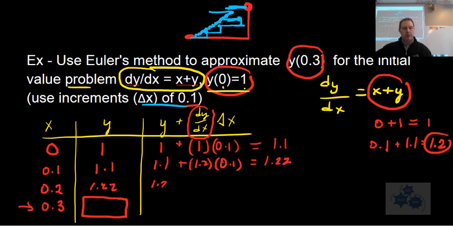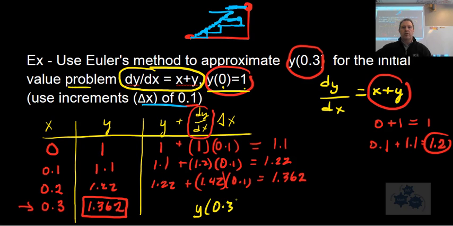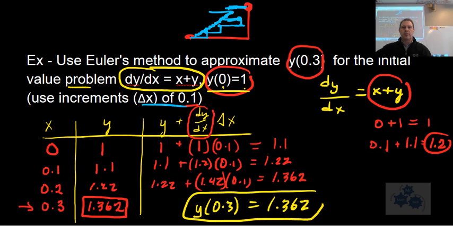Now we have 1.22 plus 1.42, because you're adding these two, times 0.1, and we're going to get 1.362 when you do that. And that is going to be our linear approximation using Euler's method. That's the approximation. So y of 0.3 in our calculations is going to be this.